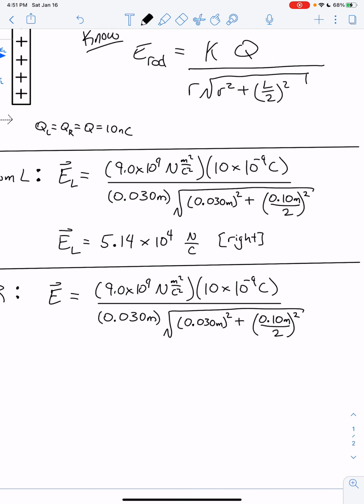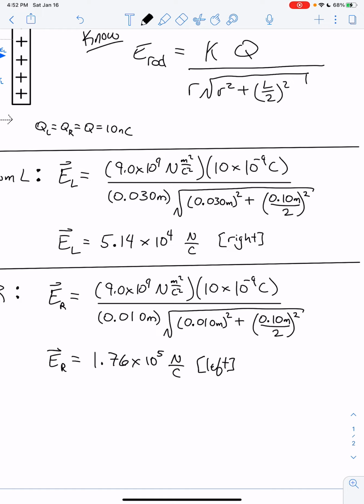On the right we have the same charge and the same Coulomb constant, but a different distance, 1 centimeter instead of 3. The result has a magnitude of 1.76 times 10 to the 5 newtons per coulomb, and the direction is to the left.